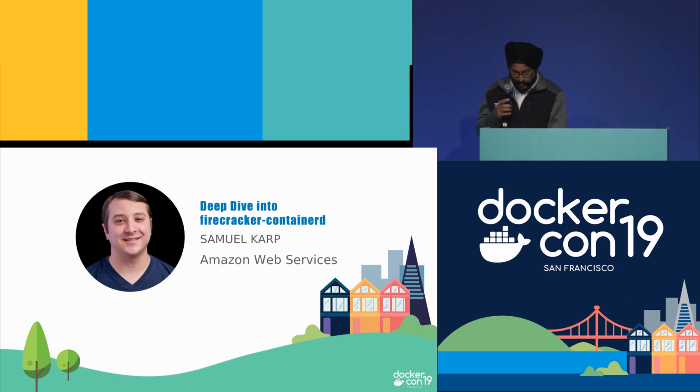The speaker helped build Amazon ECS and Fargate, and he's a contributor to Docker and Containerd projects. In this session, he's going to deep dive into Firecracker Containerd. So without any further delay, let us welcome Samuel Karp onto the stage.